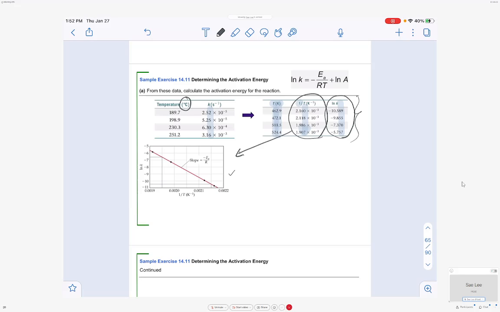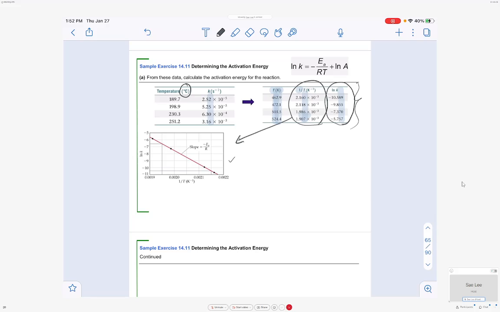I plugged these values into the graphing calculator, and we got this. From this we can see that the graph gave us a straight line, and we immediately know that the slope is going to be negative activation energy over R.